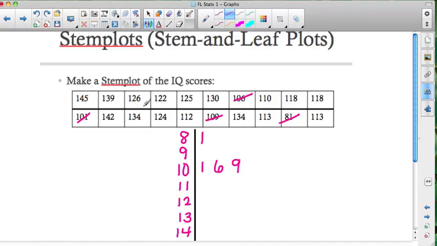For the 110s I have 110, 112, 113, another 113, and 2 118s.